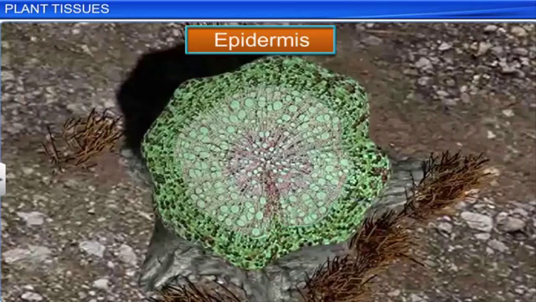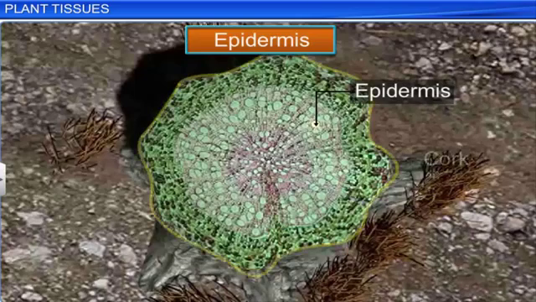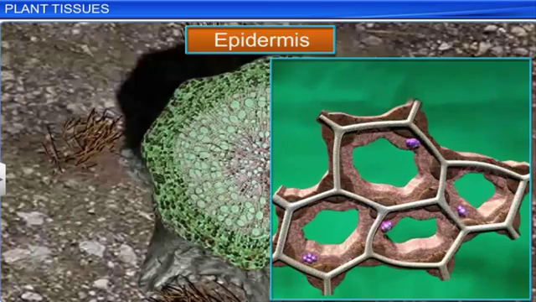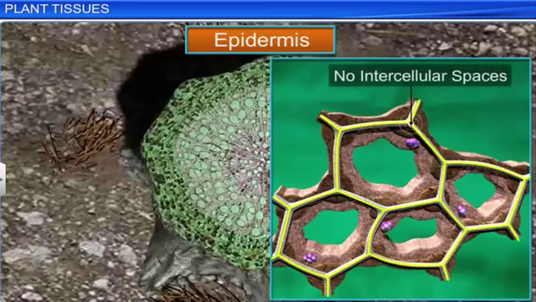As the plant grows older, secondary meristems replace the outer protective tissue. This outermost layer in older roots and stems is called cork. Cork cells are dead and lack intercellular spaces. Cell walls are thickened by suberin, which makes them impermeable to gases and water.